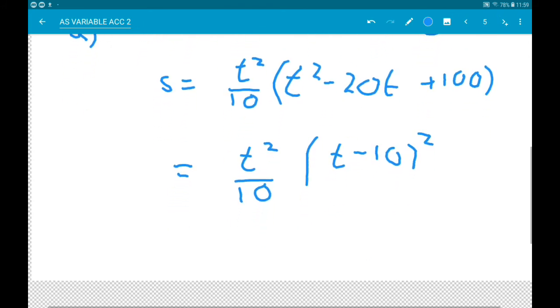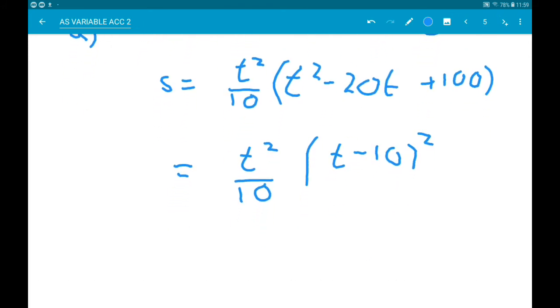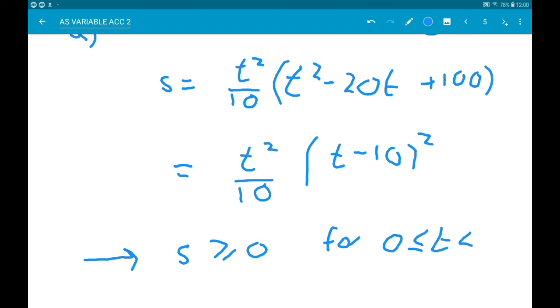So that tells us then that s is always greater than or equal to 0 for t between 0 and 10 seconds, so its displacement is never negative.